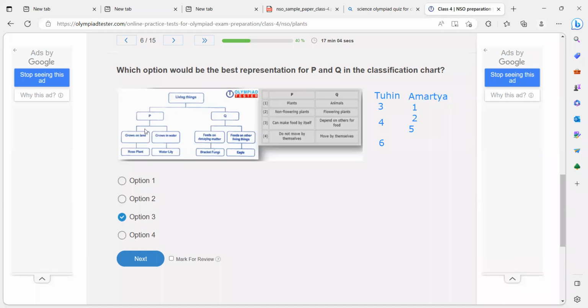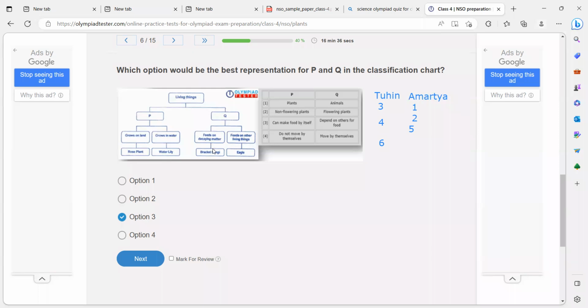P grows on land and P grows in water. Ma'am, P for plants. Yes, it can be. So which plant grows on land? It is the rose plant. Which plant grows in water? It is the water lily. Now Q. Q is what? It feeds on the decaying matter, and Q feeds on other living things.